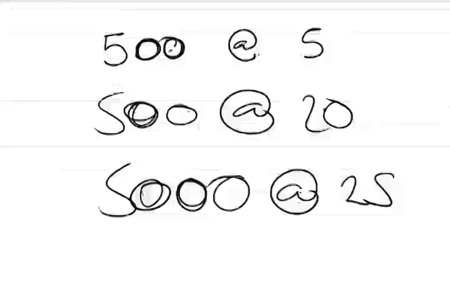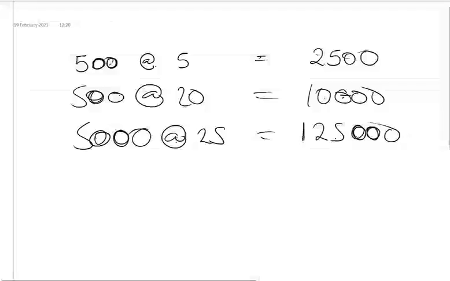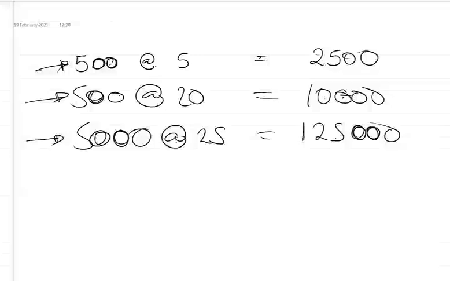But they said that out of those, they sold 4,000 in the previous period. That means if we are using FIFO, the first to go will be this one, then this one, and the remaining 3,000 will come from here. But if we are using LIFO, last in, first out, we start from here, because this is the one that came in last.